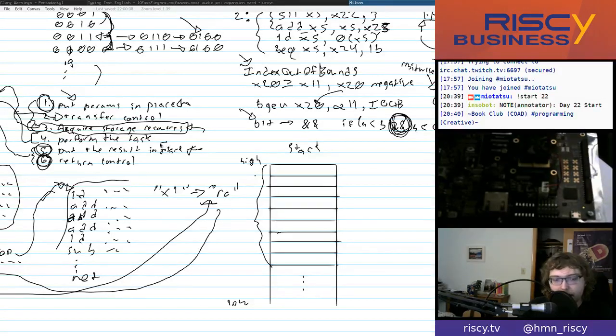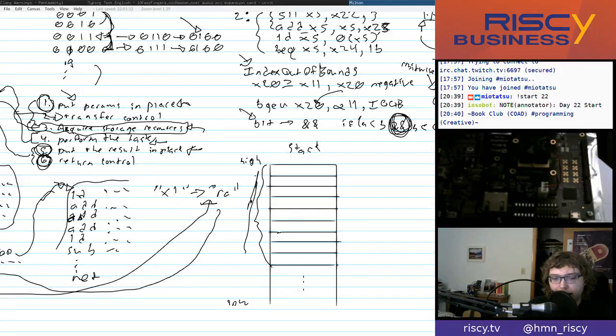Then it does the actual work of the computation, and when it's done, it puts the result in the register that's used for the result of the procedure, and it frees up all the stack space.